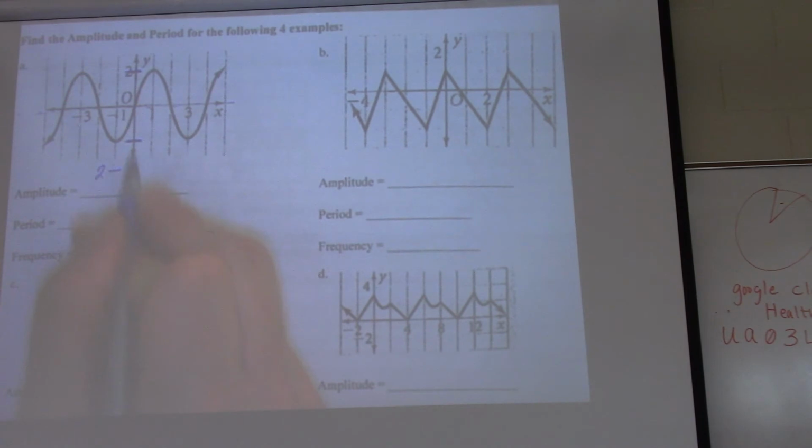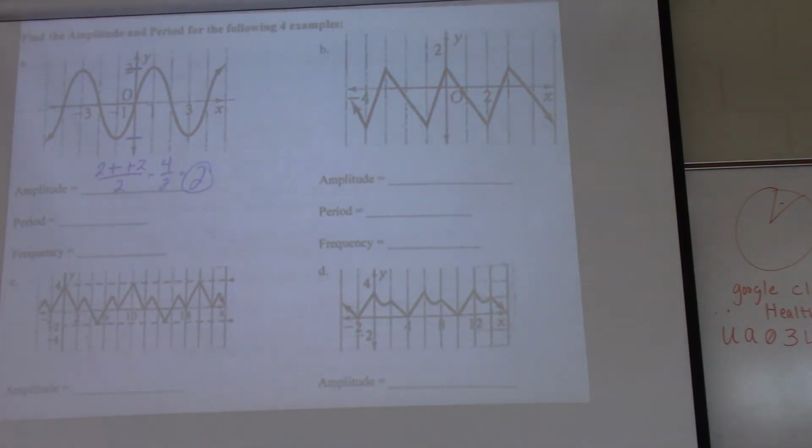Because it goes all the way down to negative 2. Divided by 2. What happens when you got minus and negative next to each other? Zip zap. If you don't know zip zap, that just means plus plus. And I get 4 over 2, which is like Danielle said, 2. Okay. So we could always, if we can't see, like in the next one, I'm going to talk about it briefly, it doesn't work out as perfect, but the highest point minus the lowest point divided by 2.